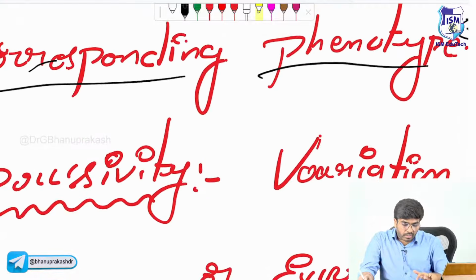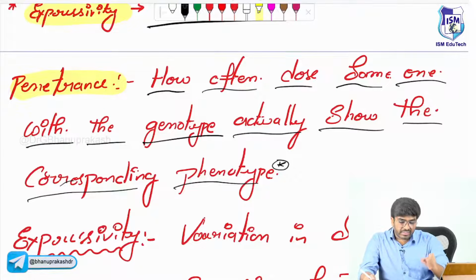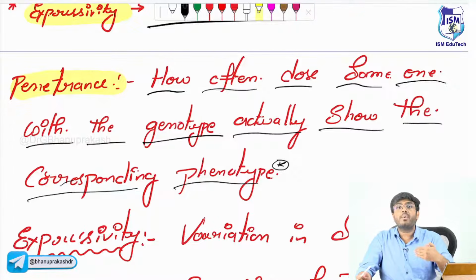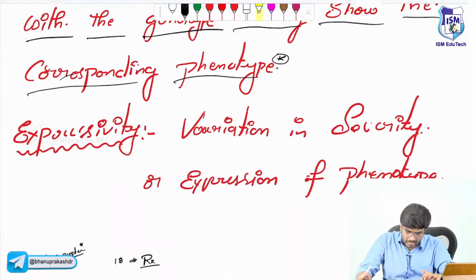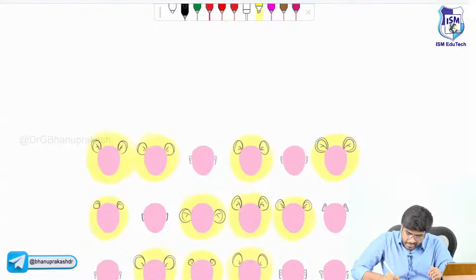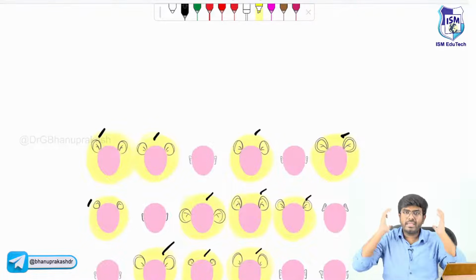Now look at this definition. How often does someone with the same genotype show the corresponding phenotype? Example: out of 18 people, 11 people are showing the phenotype, they are all having these big ears.